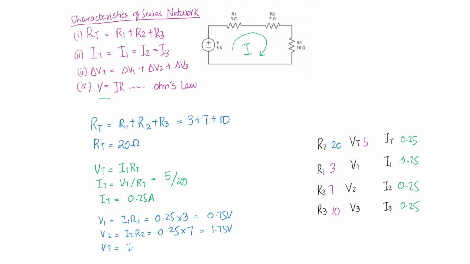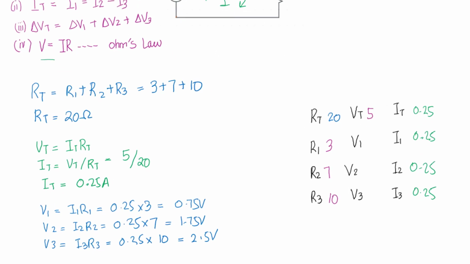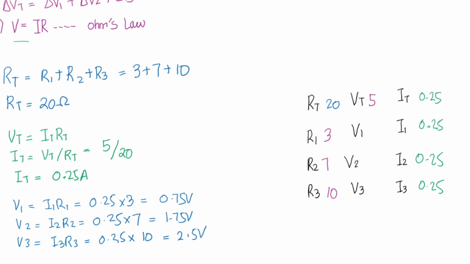Similarly, V3 would be I3 times R3, which is 0.25 into 10 ohms, and this is 2.5 volts. So we will write all the values over here: 0.75, 1.75, and 2.5 volts.